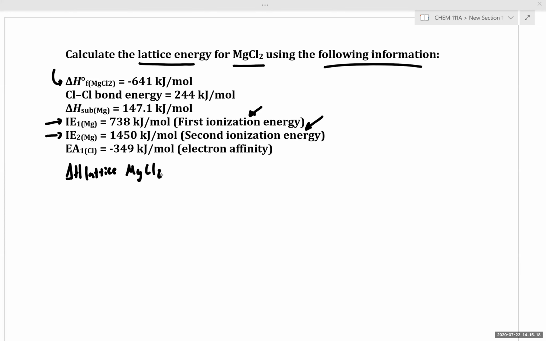For electron affinity, we're gaining an electron, so the electron is gained on the left-hand side.